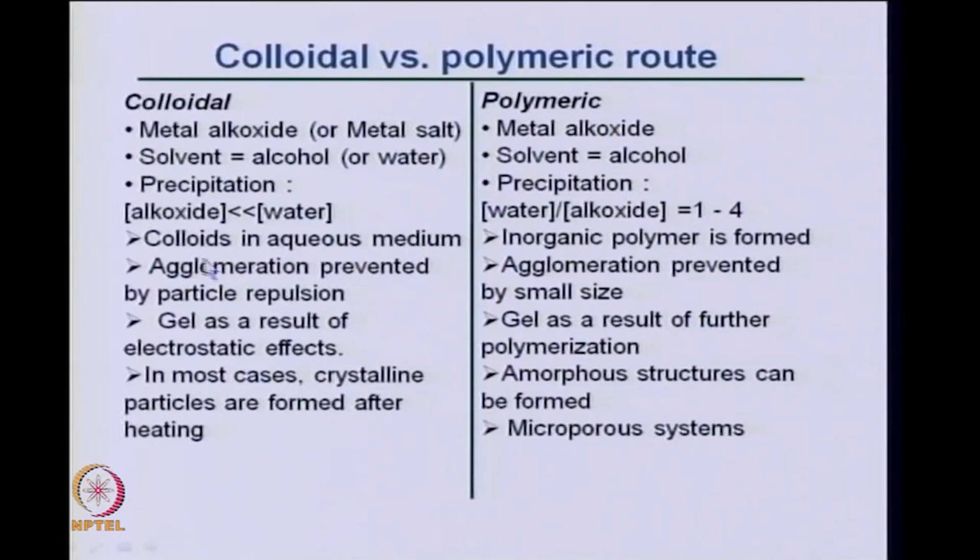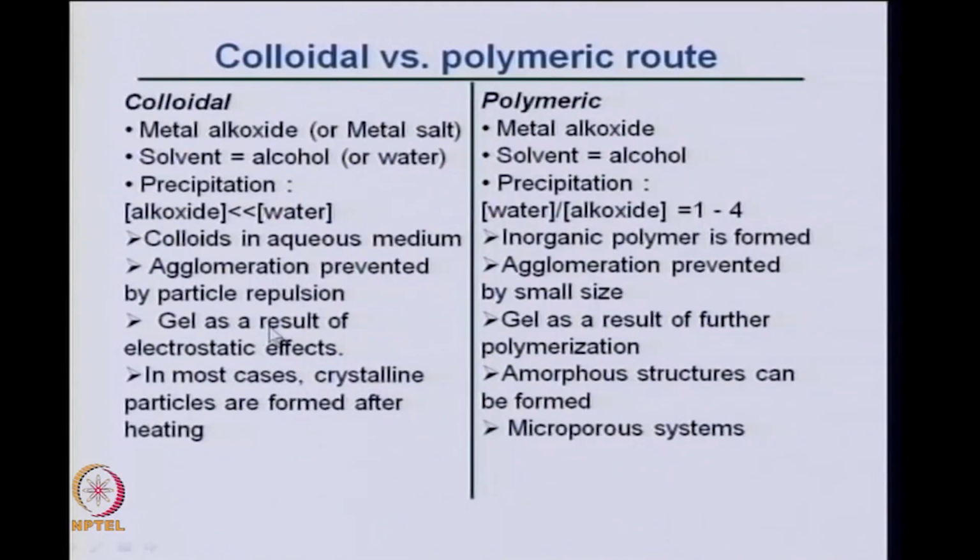Then in this colloidal route you get colloids in an aqueous medium which are separated due to repulsion between the particles, and that is how agglomeration is prevented. In the polymeric route you get an inorganic polymer, like from the condensation of ethylene glycol and citric acid you get a polymer, and the agglomeration is prevented by the small size of these agglomerates.